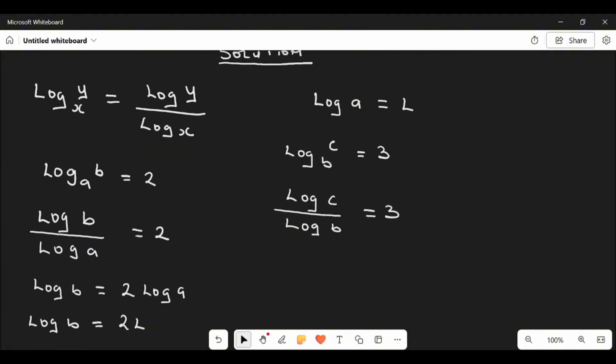Multiply both sides by log B. So log C equals 3 log B. But don't forget that our log B equals 2L. So log C equals 3 multiplied by 2L, which is 6L.